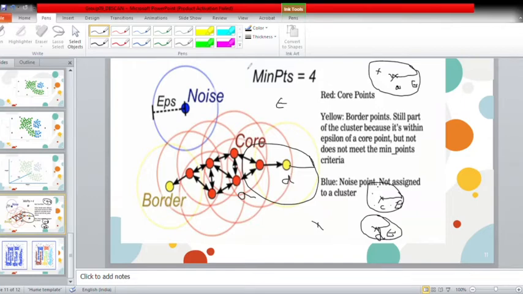So this point would be said to be a border point. But coming to this case, this is a noise point. It doesn't satisfy the condition of minimum points and doesn't have a core point inside it.